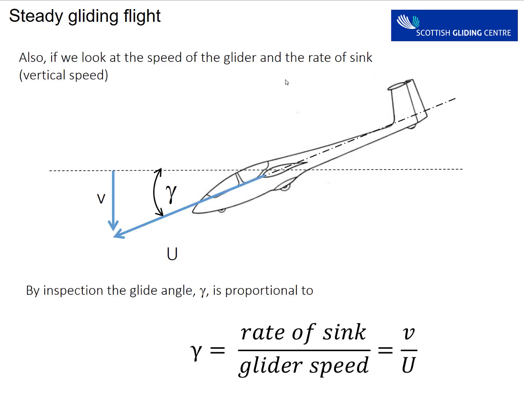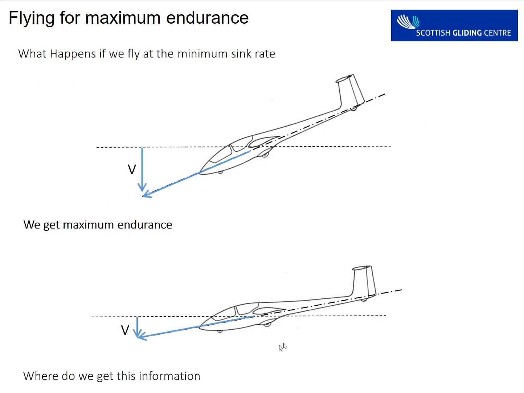And if we look at the speed of the glider and the rate of sink, we can also see that the glide angle is dependent on the speed of the aircraft and the rate of sink. To fly for maximum endurance, what we actually want to do is fly at the minimum sink rate for the aircraft.